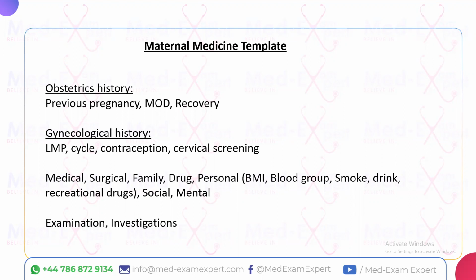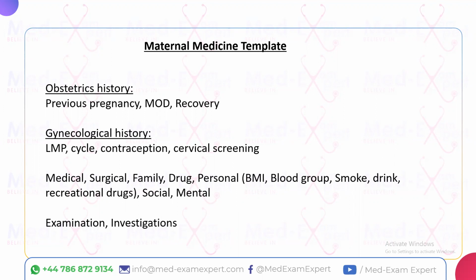In the personal history, we'll ask about her BMI. You don't need to say the weight to height ratio because the role players are aware of the word BMI. And even with the weight to height ratio, they can get confused. So just say, may I know your BMI? If you have missed the blood group, you can incorporate it here in the personal history. Do you smoke, drink, or pardon me to ask, take any recreational drugs?